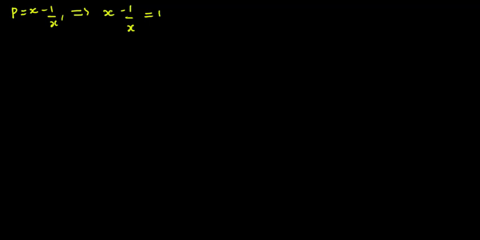So we're going to multiply through by x. It's going to give us x squared minus 1 equal to x. This implies that x squared minus x minus 1 will be equal to 0. So we can use the quadratic formula to find this.